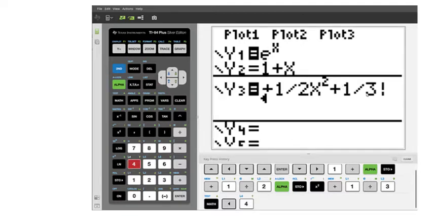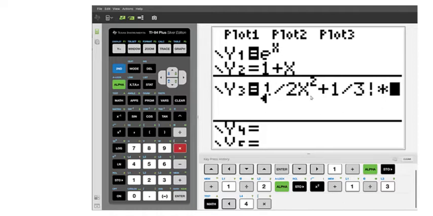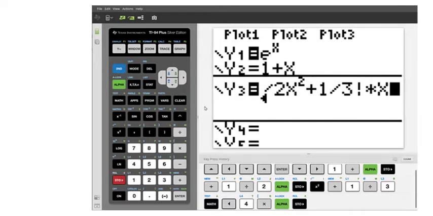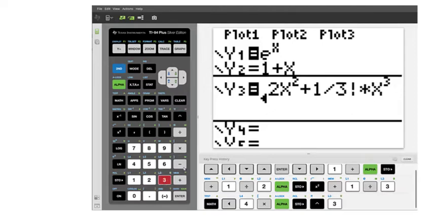So now I've got 1 over 3 factorial, and when I'm using the calculator, I have to put in the multiplication symbol even though we don't write it. And then I get x again, and I raise it to the third power. So this is my third degree polynomial.